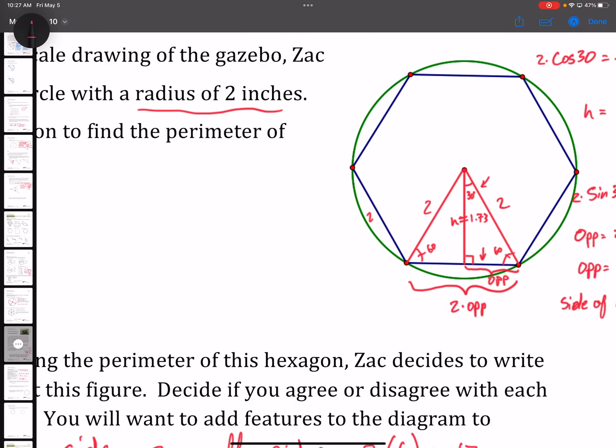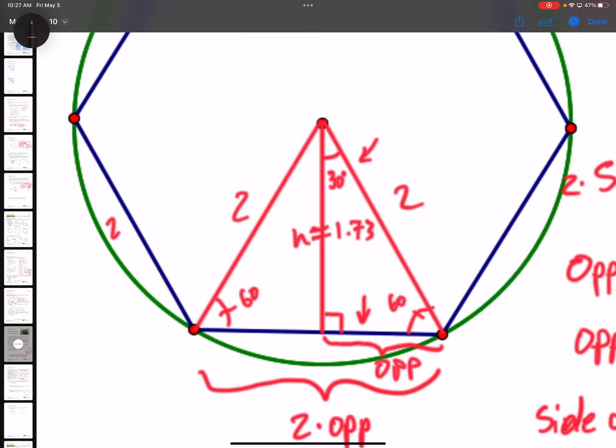So how could we find the area of the hexagon? What do we have to find first? What shape do we have right here that we're working with? A triangle.